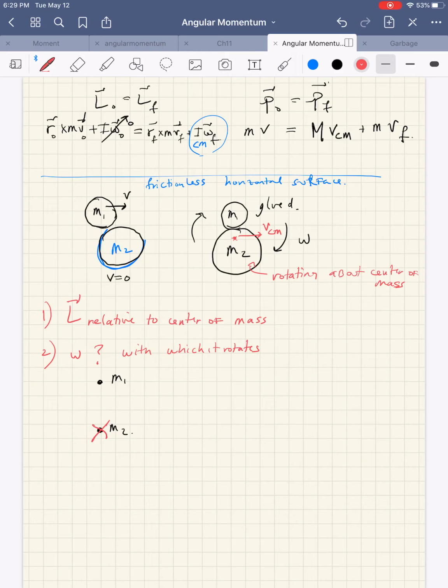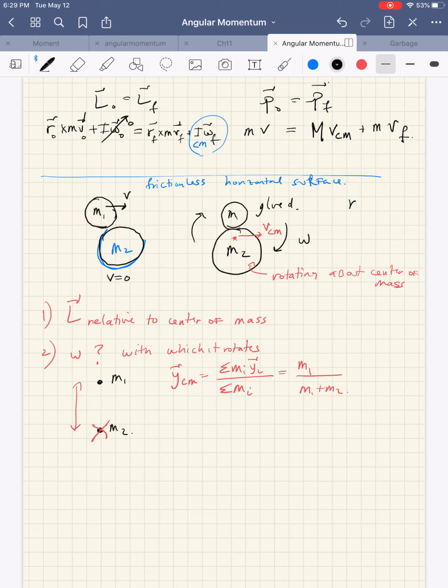So I'm going to find the y center of mass. And remember, it's the sum over all of the M sub i, y sub i vector, divided by the sum of both masses, M1 and M2. For M1, it would be this distance away here, which, center of mass to center of mass, is just the addition of the radii of both of these, which is given in this problem.